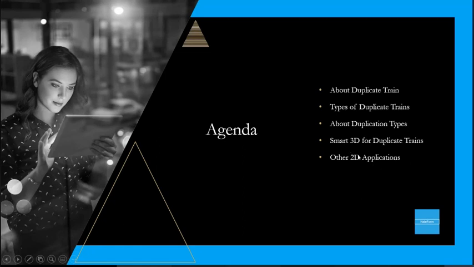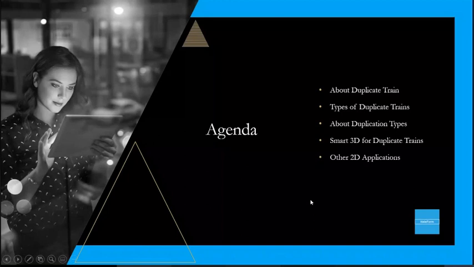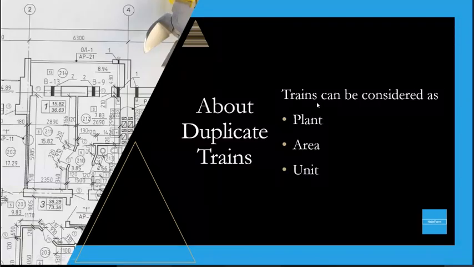We'll go through the Smart 3D and 2D applications to understand how the services can be provided on that. Please be aware that there's no application to share here, but the concept will be discussed in detail so that you understand how a duplicate train works and where we can provide those services. When I say train, I can mean a plant, area, or unit, or a smaller entity in the plot plan.